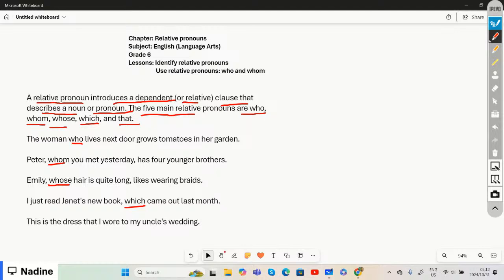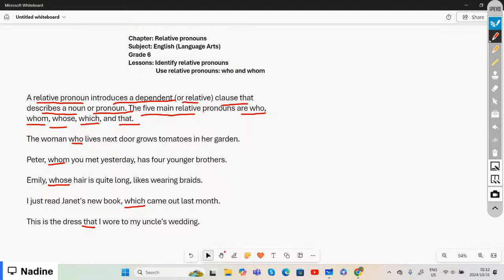Then we say, this is the dress that I wore to my uncle's wedding. So these are our five relative pronouns. The relative pronoun introduces a dependent or relative clause, and it describes a noun or pronoun. So it describes the person or the thing we are talking about within the sentence.